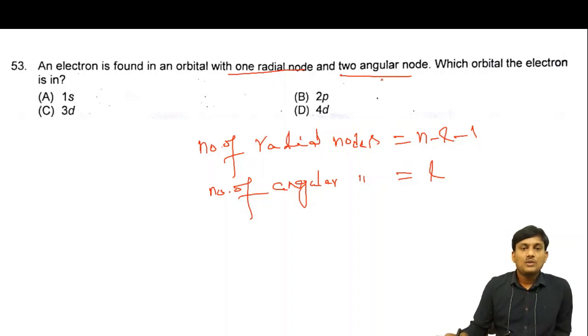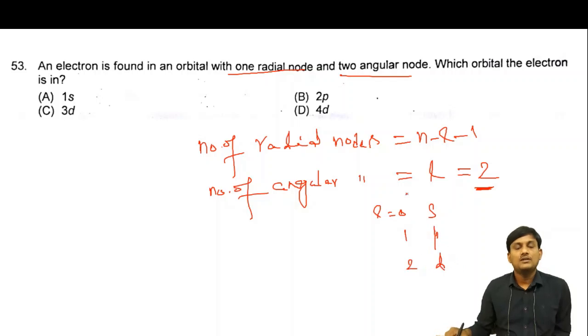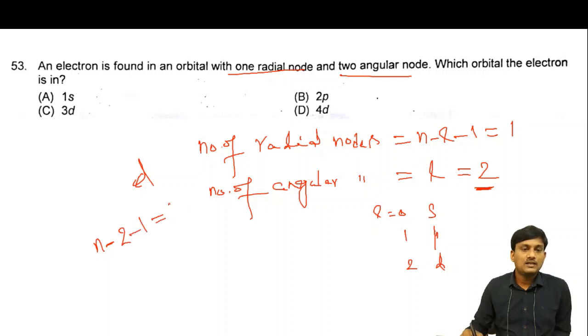Here, how many angular nodes are there? Two, so L is equal to 2. We know the orbitals: for L is equal to 0, s orbital; 1, p orbital; 2, d orbital. So it should be a d orbital, since L is equal to 2. Then n minus L minus 1 is equal to 1, so n minus 2 minus 1 is equal to 1.